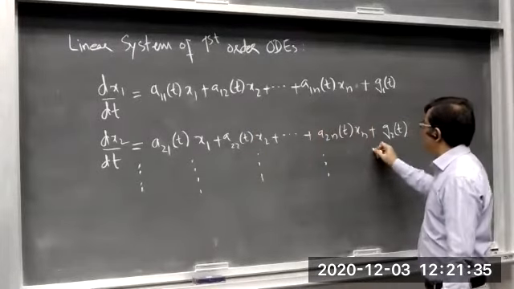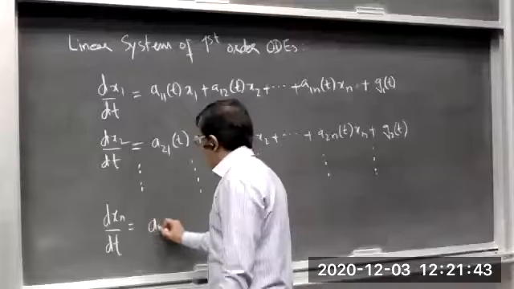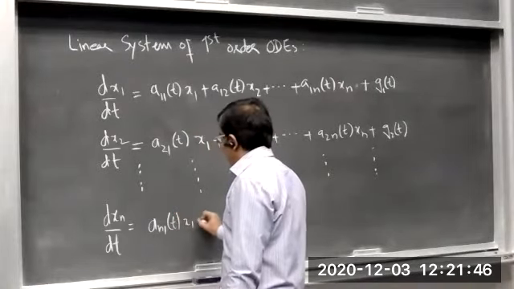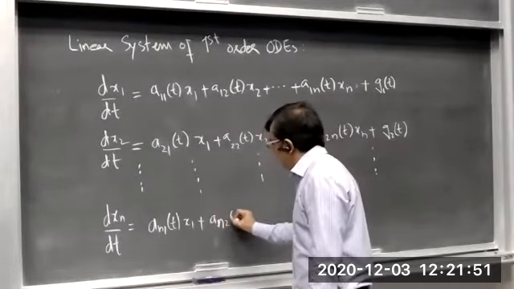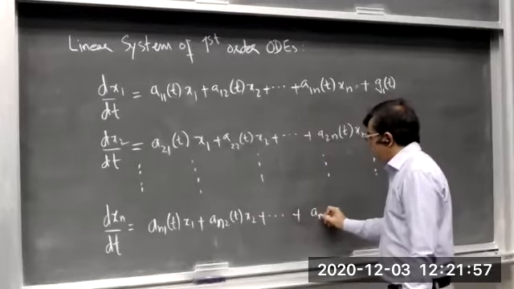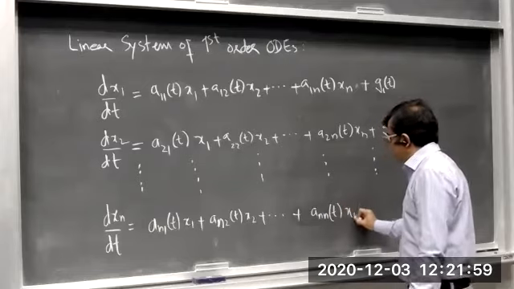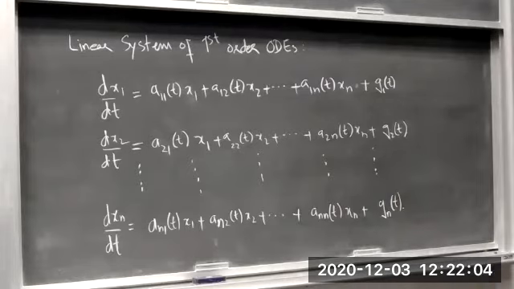Every term we will generalize, and we can write dxn by dt is equal to an1 of t x1 plus an2 of t x2 plus so on plus ann of t xn plus some gn of t. So this is your linear system of first order ODEs.